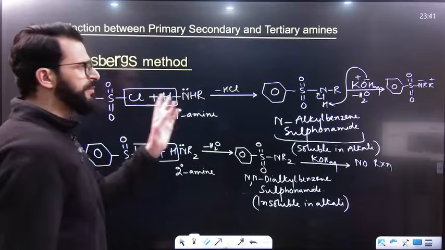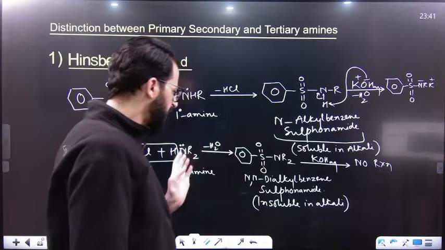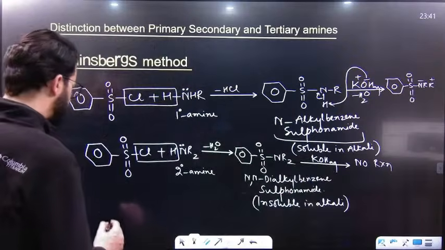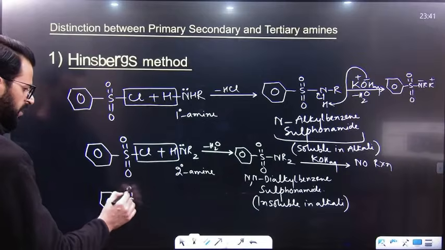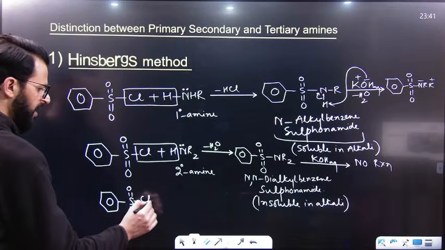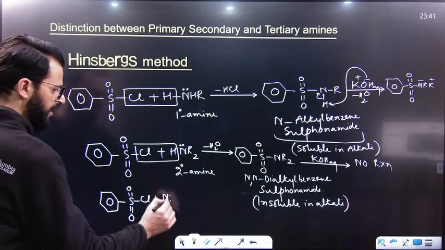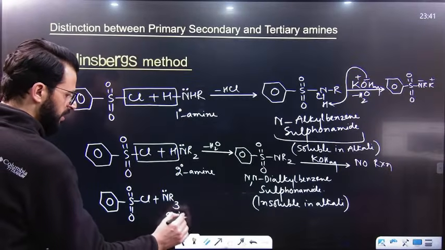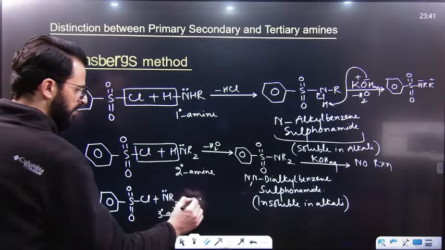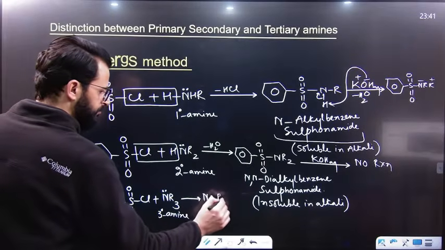That means primary amine reacts in different manner, secondary amine reacts in different manner, and tertiary amine does not react with benzene sulfonyl chloride. That means it remains as it was, I mean say it remains in liquid form. So this is a tertiary amine. So there will be no reaction at all.